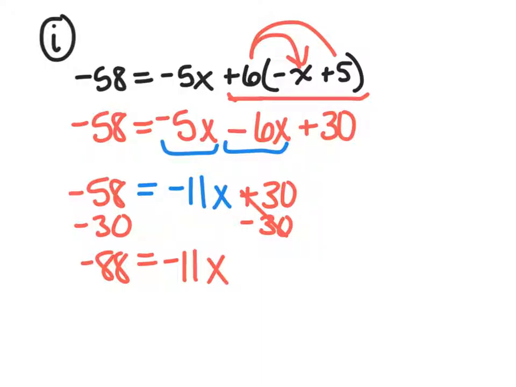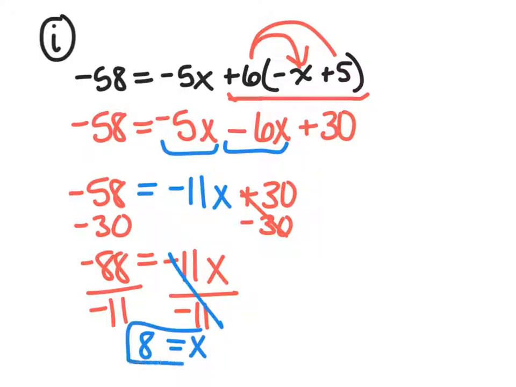And again, we are always going to end by dividing by how many x's we have. So I have negative 11x, so I will divide by negative 11. I need to do the same thing to the left-hand side. Okay. Negative 11x divided by negative 11 is just x, and negative 88 divided by negative 11 is 8. So x equals 8.